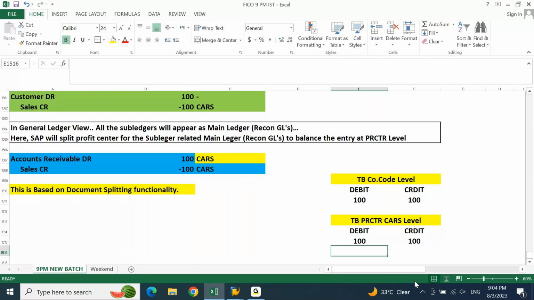Because you are splitting on the accounts receivable in the main ledger, on the customer reconciliation account. So in the accounts receivable there are so many customers. So this is not a single customer. How can you find out to which customer you are doing the payment?